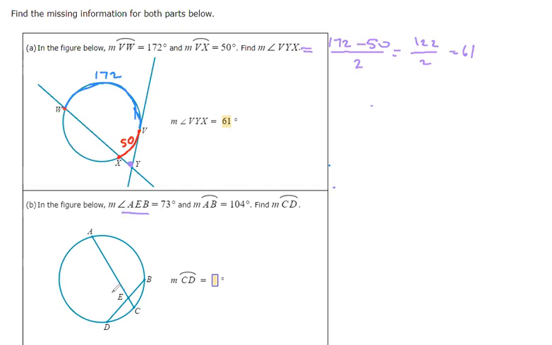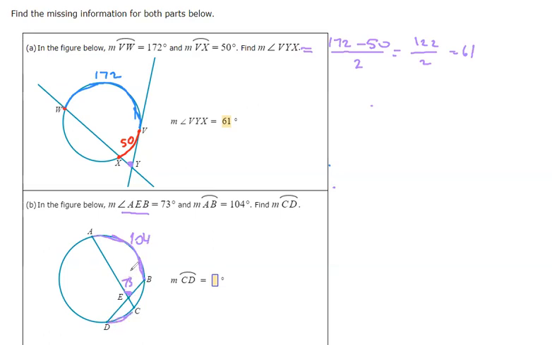AEB is 73, which is this angle. Arc AB is 104. We are looking for CD.